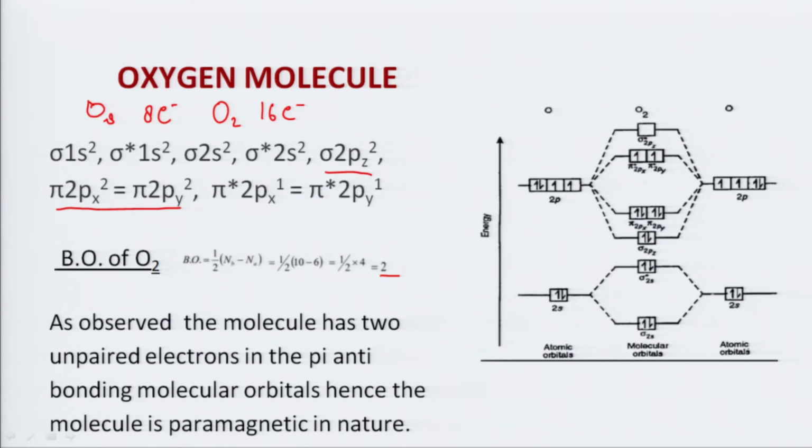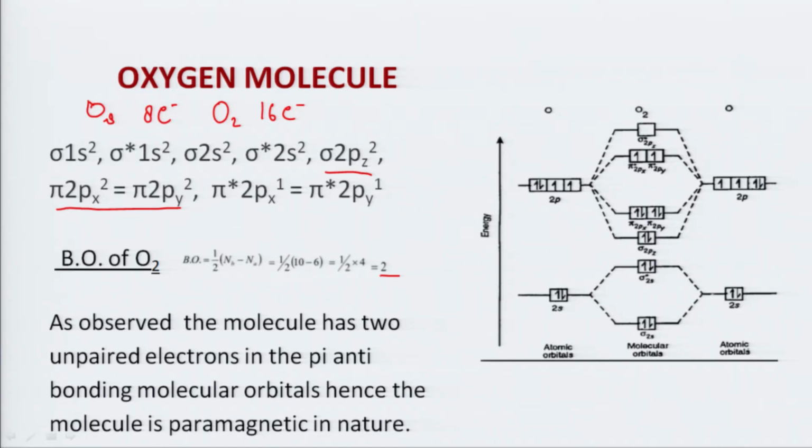Now, a very important question which may appear is that you have to compare N2 and O2, with respect to the strength of the molecule. N2 is stronger than O2.